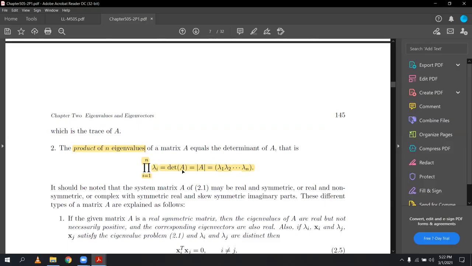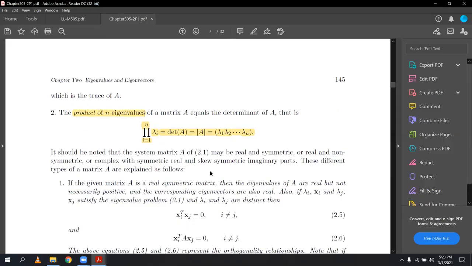It means now you have a new definition of non-singular and singular. If all the eigenvalues are non-zero, it means your A must be non-singular. If any eigenvalue of a matrix is 0, then that matrix is guaranteed to be singular.